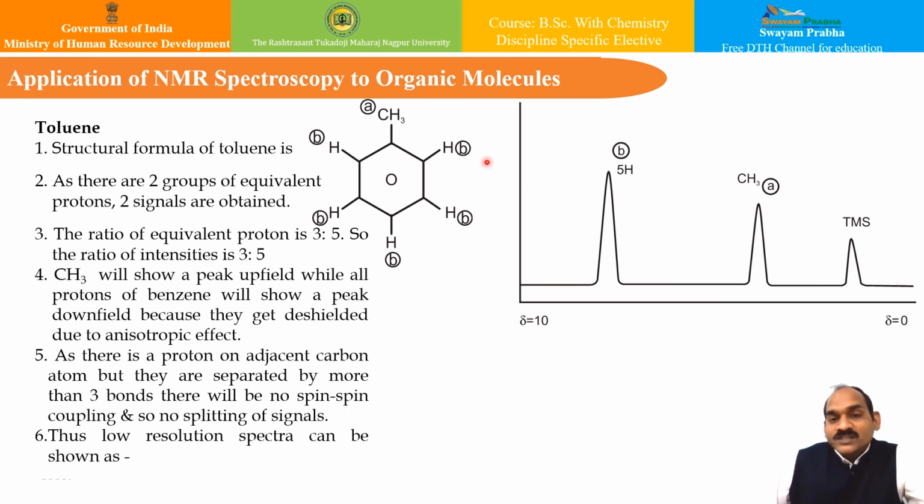So there will be no spin-spin coupling and no splitting of signals, and therefore the spectra will show a sharp signal in both cases. So you will have two peaks, for the A kind and B kind of environment of protons, and this low resolution spectra can be shown like this.